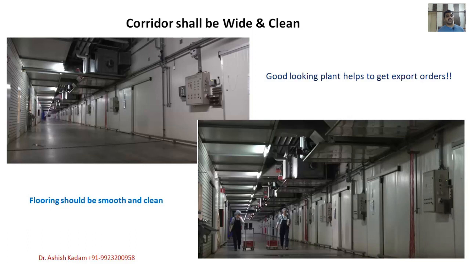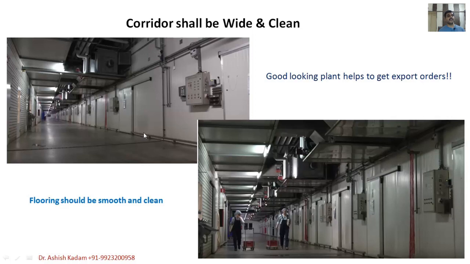If you visit most plants, you will not see that level of cleanliness, or that level of design addressed in the plant. Flooring should be smooth and clean, and there should be a proper light level so that you can see how the people are moving effortlessly with their trolleys.